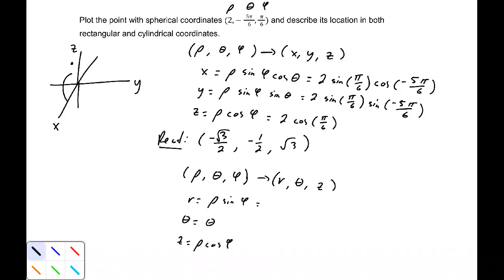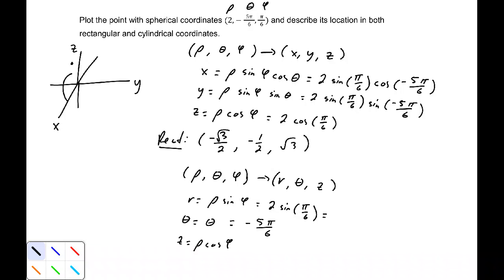So if we fit our values here, r is 2 times sine of phi, which is pi over 6. Theta is going to be equal to the same theta value, so negative 5 pi over 6.